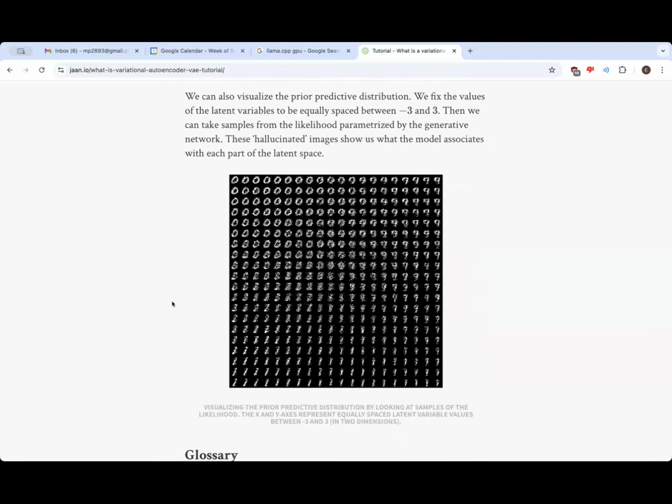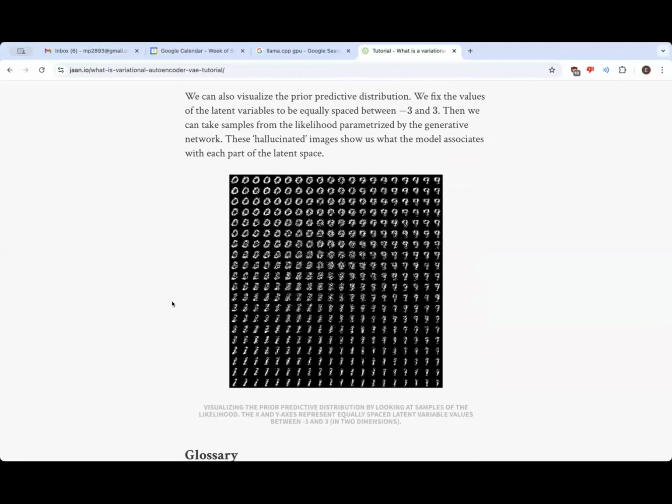And what's happening here is the author is doing the following. Let me draw something. You can imagine there's an x-axis and a y-axis. The author used a two-dimensional latent space, so z is a two-dimensional variable, and what they're doing is basically interpolating between -3 and 3 on one axis and -3 and 3 on the other axis.